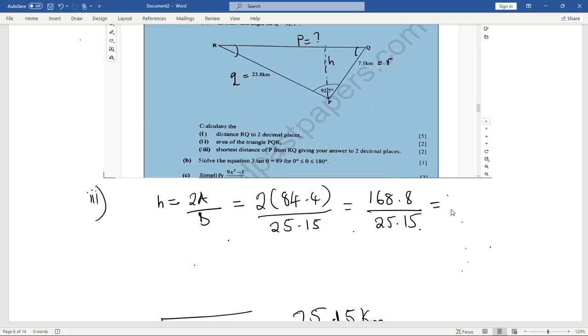So the shortest distance there is simply going to be 6.7 kilometers like this here. Okay, so that's how we go about this question that involves the cosine and the sine rule. Right, thank you.